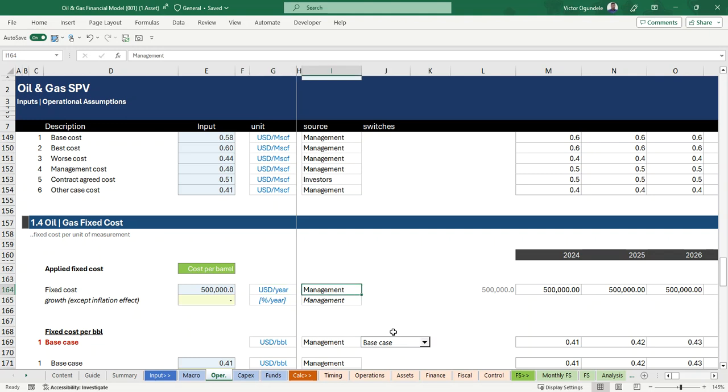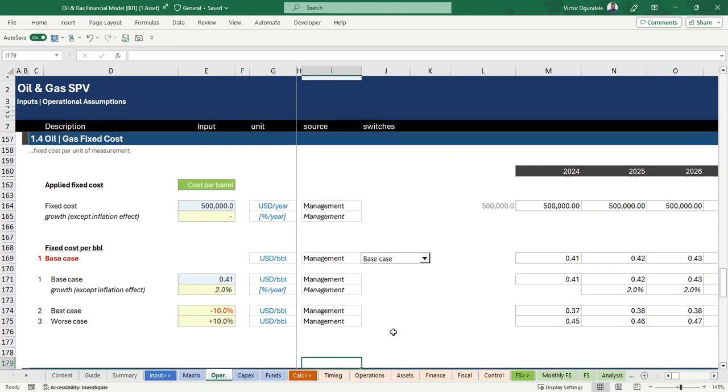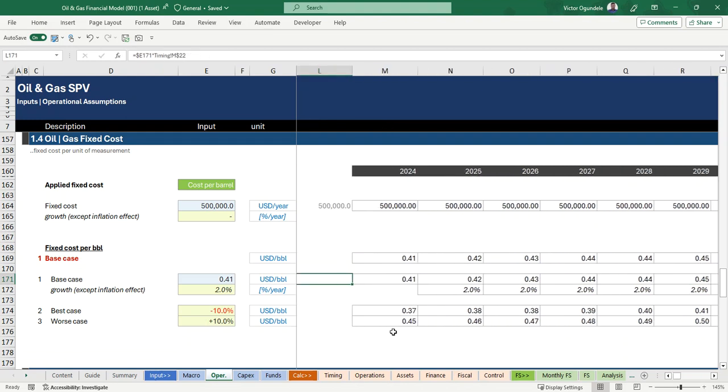This is based on management. Then we have the second option, which is fixed cost per barrel, as there are cases where you need to consider the fixed cost per barrel. Then management might have an expected percent, which is outside the inflation factor. Maybe we hope to keep a 2% increase annually or 5% increase annually. This is applicable to both fixed cost per barrel and fixed actual amount cost, and that's what we've also built into this model.